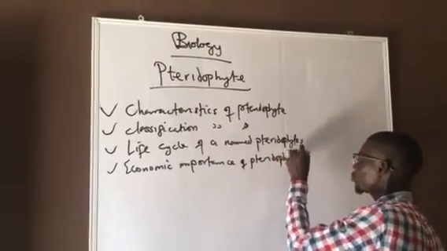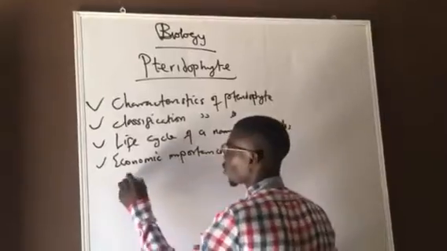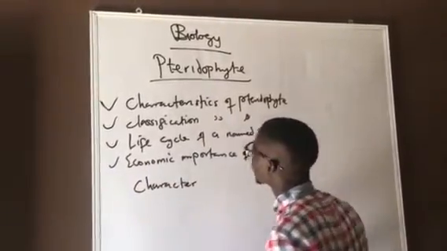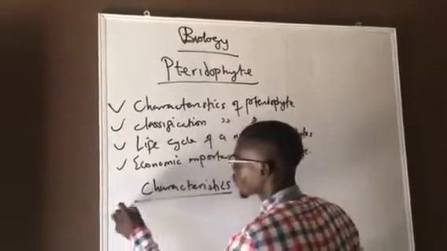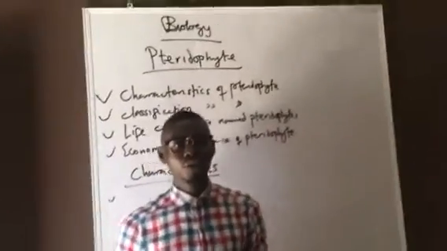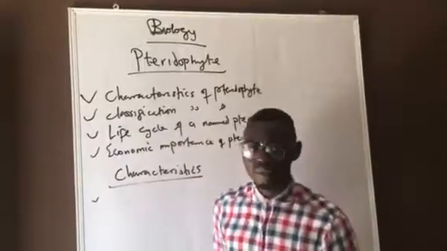So, let's start from the characteristics of this group called pteridophytes. What are pteridophytes? What are the reasons for naming them pteridophytes? The first thing is that they are the first group of plants that exist in terrestrial environment.